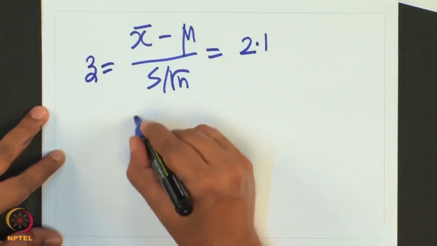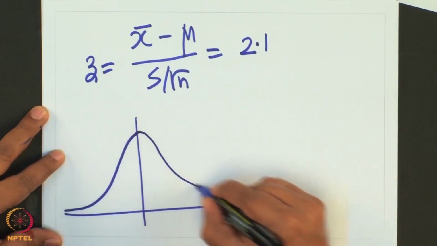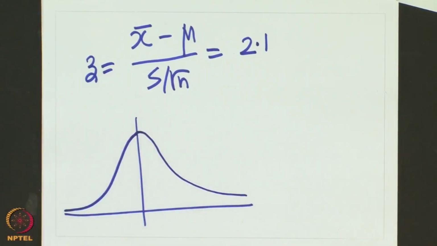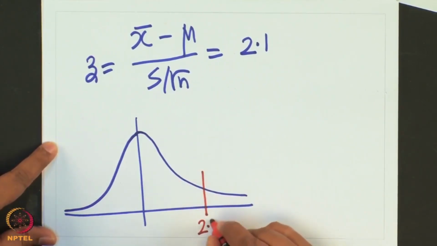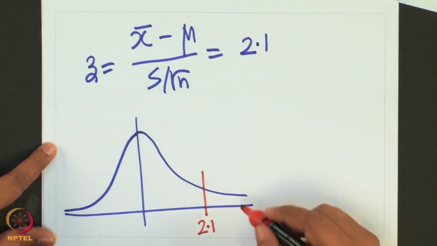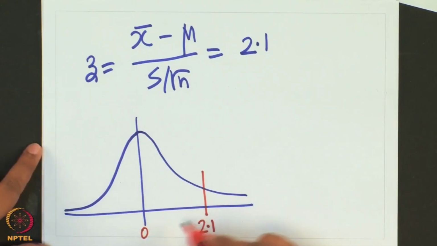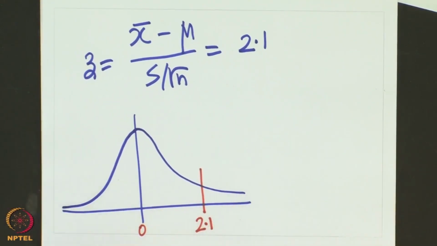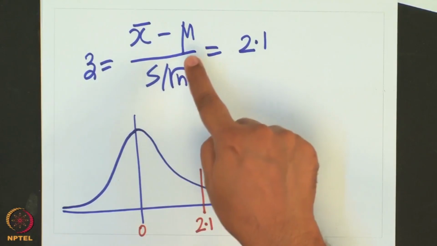And what we know is that the distribution of the z is a normal distribution, and this is 2.1, which is the z value. Since 2.1 is much larger than 0, it is very likely that x bar is far away from mu.